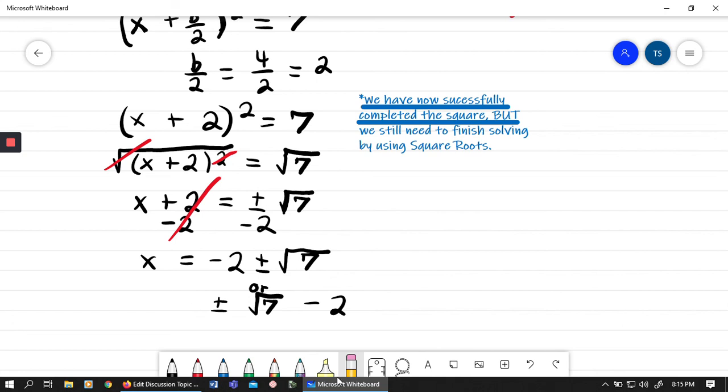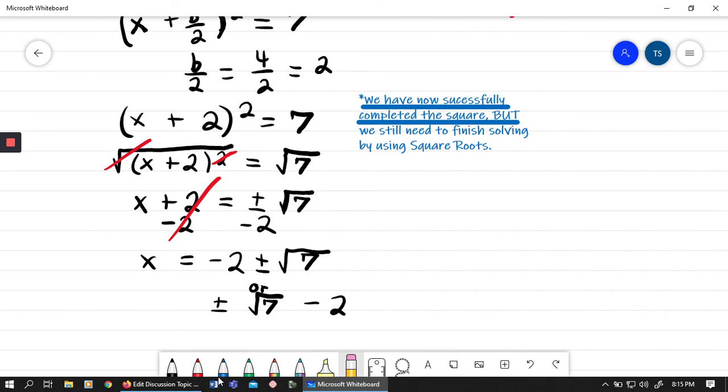And if it was possible for us to simplify anything further, of course we would need to simplify that further. If it was the square root of a perfect square, then we simplify that. Or if it was a case where we could write it in its simplest radical form, we would do that.